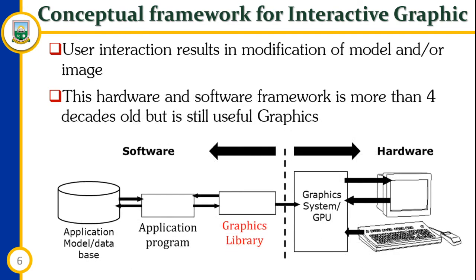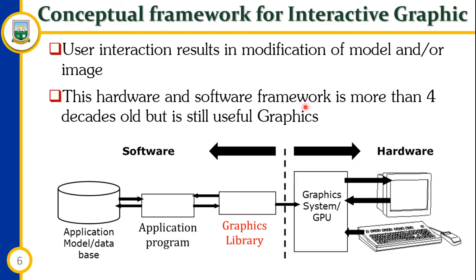In the same vein, we also have the user interaction results, which is more about the modification of the model or the images that will be displayed on the screen, which would eventually be a 2D object displayed on the screen.